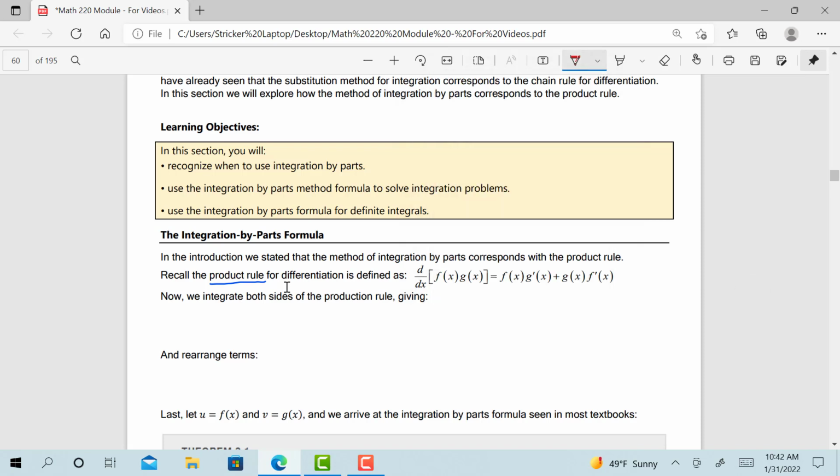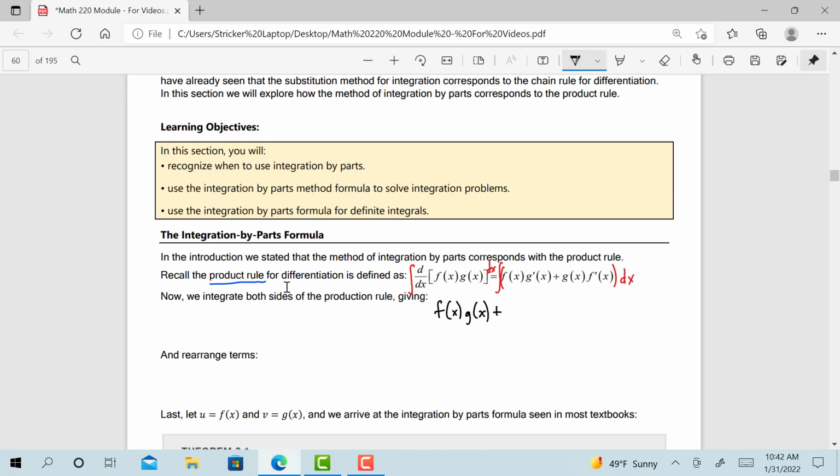And so what we're going to do is integrate both sides of this rule. We're going to integrate the left side, and we're going to integrate the right side. On the left side, the integral is going to knock out the derivative, so that just leaves f of x times g of x. And then on the right side, let's split this integral up, because we know that the integral of a sum can be broken up into the sum of two integrals.